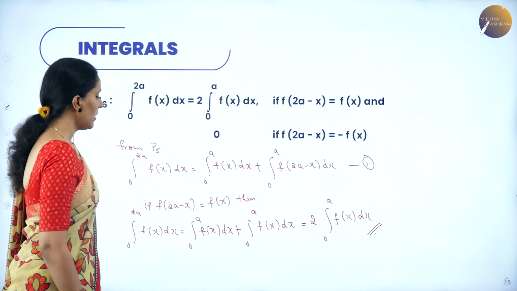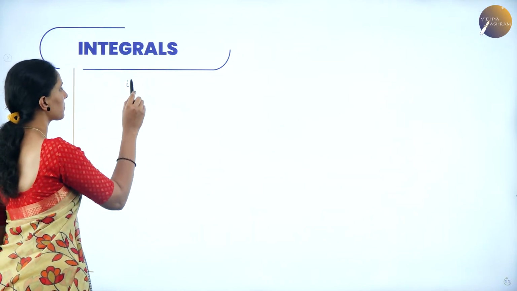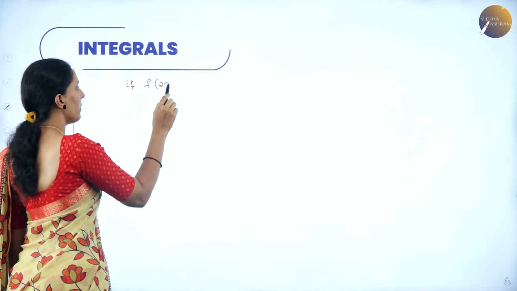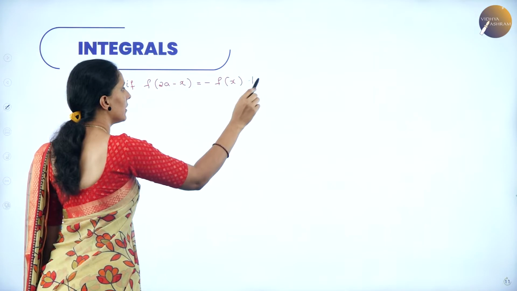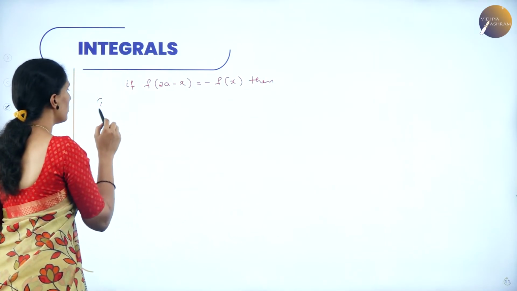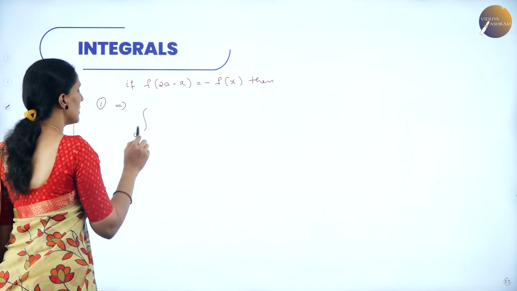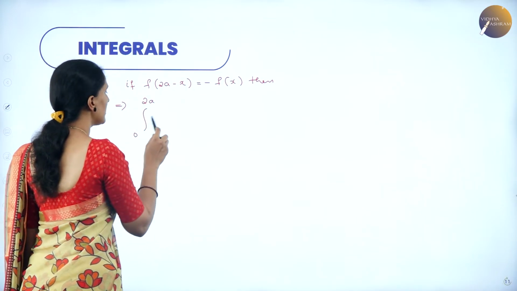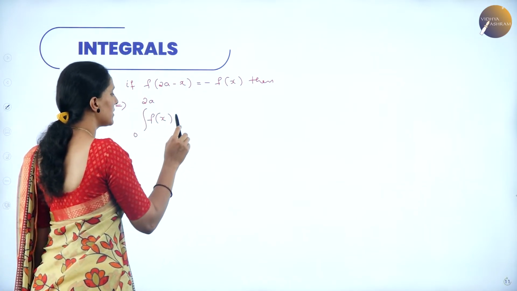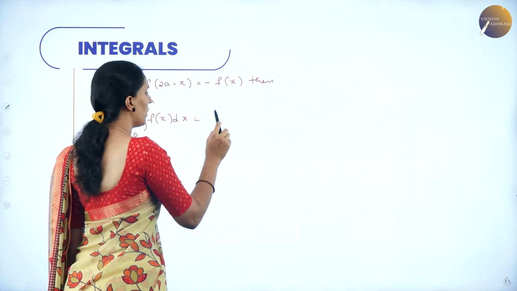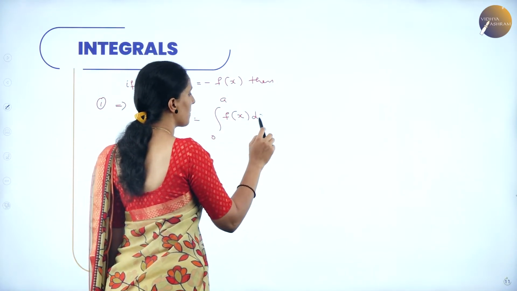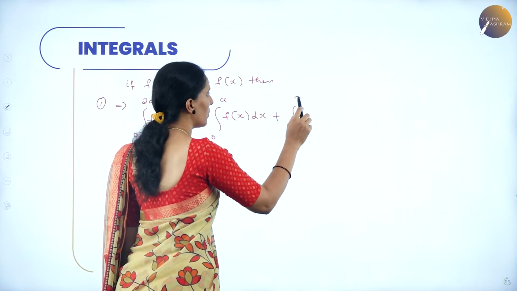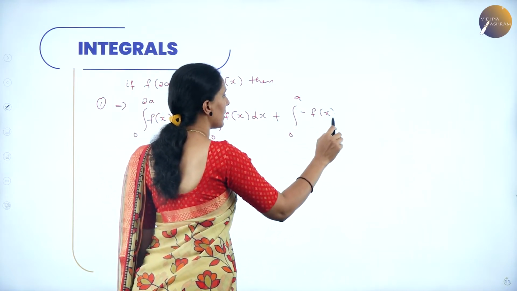Now again, if f of 2a minus x is equal to minus f of x, then equation 1 implies integral 0 to 2a f of x dx is equal to integral 0 to a f of x dx plus integral 0 to a minus f of x dx.